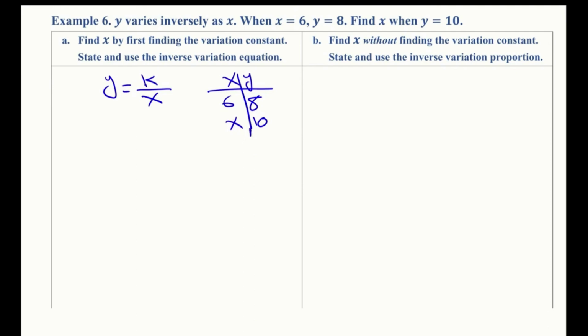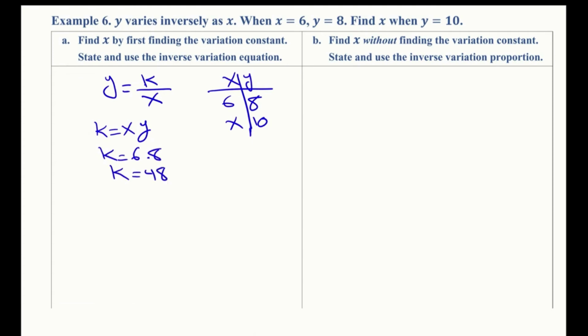Alright. So now we're going to use the line in the table which has all the values accounted for to find k. If you want, you can solve for k first, just cross multiply, so you get k equals xy, right? Now substitute 6 times 8, so k equals 6 times 8, so k equals 48.